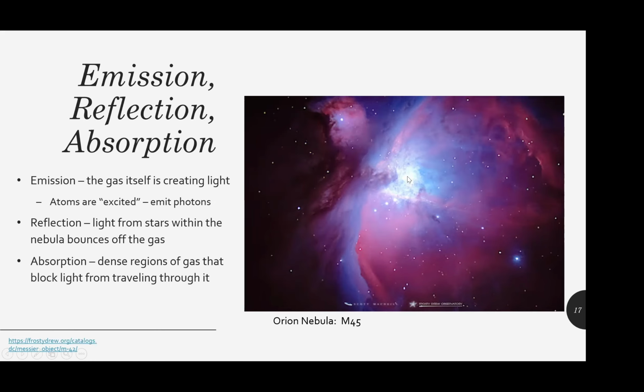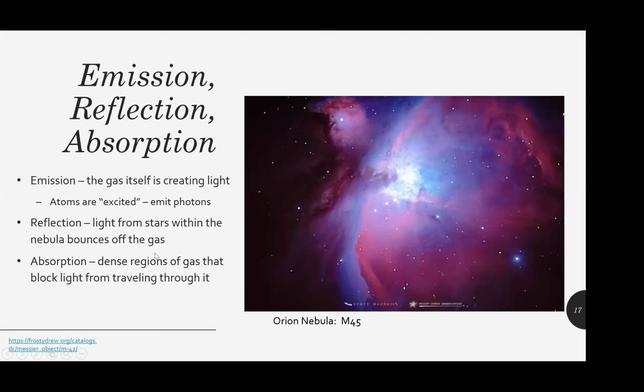Now, towards the center, where the star cluster is, we have what's called a reflection part of the nebula. Light from the stars in the cluster gets bounced off of the gas in the nebula, and that's why this part of the nebula looks blue, because the stars in the center are very blue and that gas is reflecting that light.